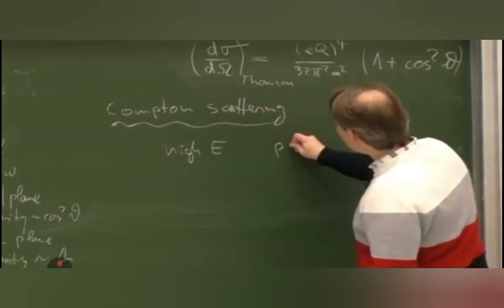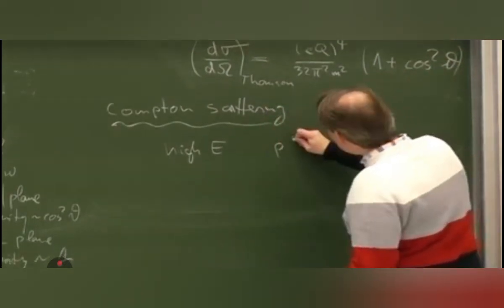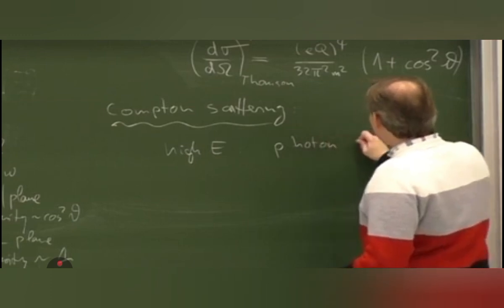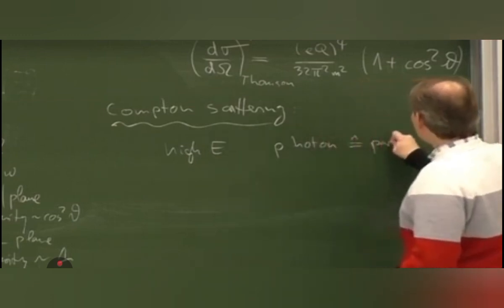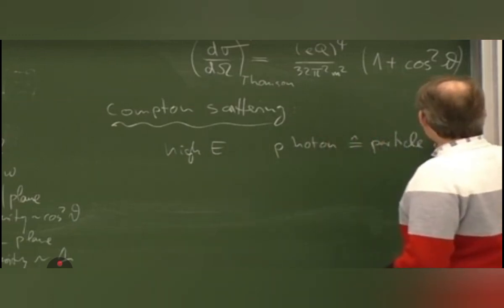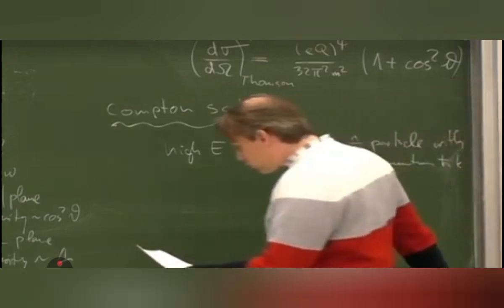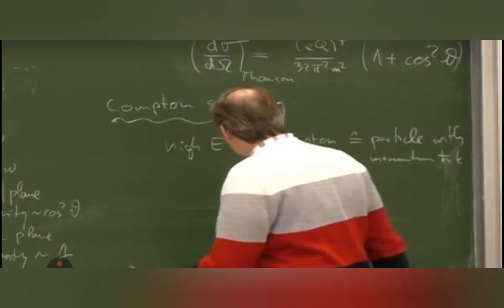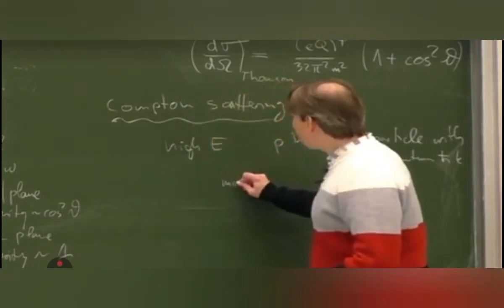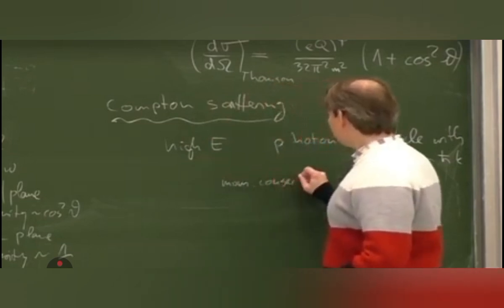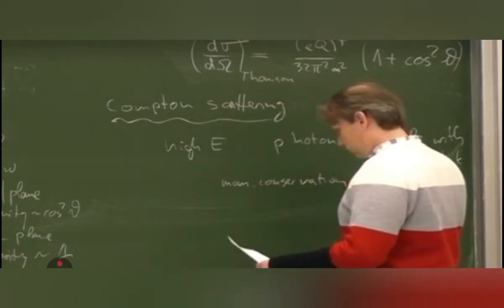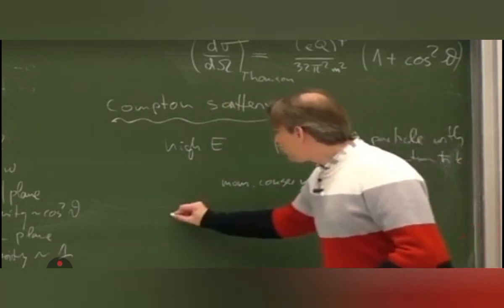And so by measuring it, you prove experimentally that the photon is actually a particle with momentum h bar k, of course, which is the same as h bar omega in magnitude, and we have momentum conservation. Namely, the process now looks like this.